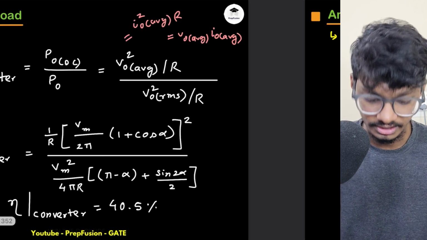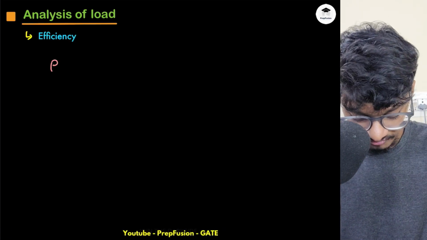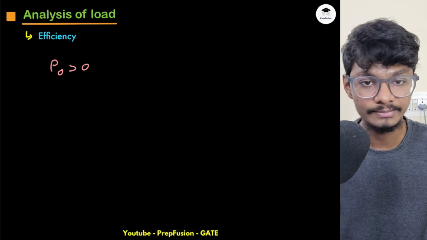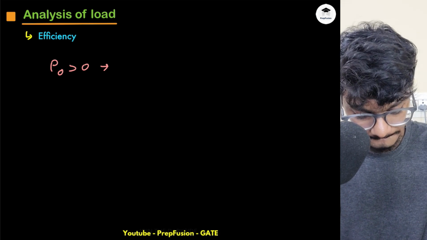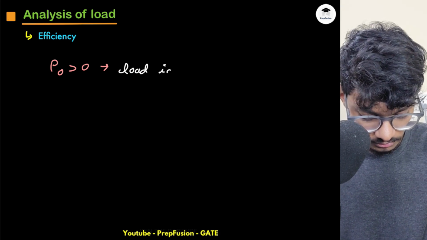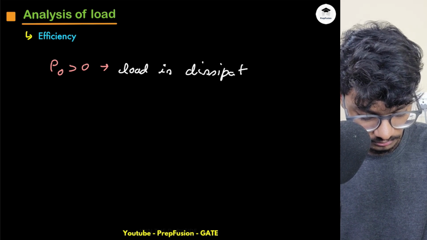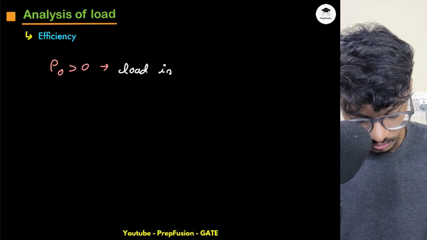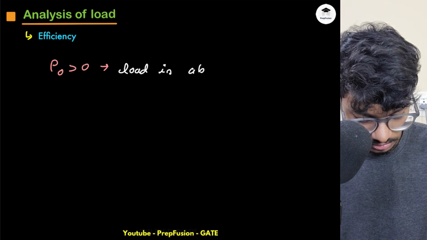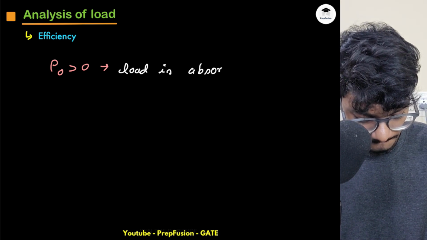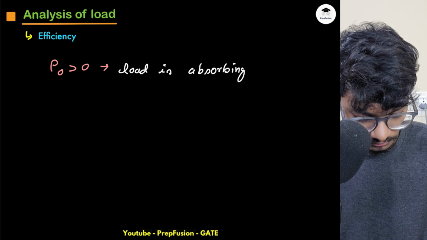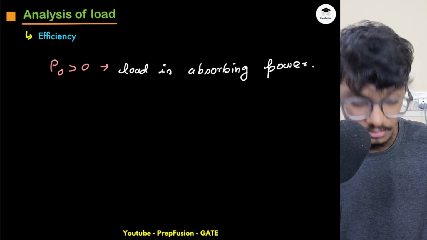Now, one thing you have to understand is that if your PO is positive, that means your load is dissipating power, or I can say the load is absorbing power.